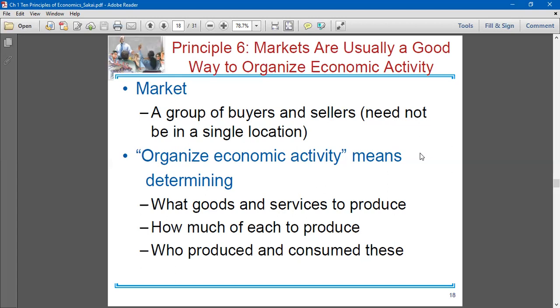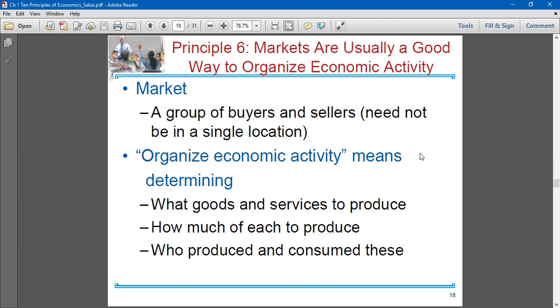So what the market does is that it helps us determine the kind of goods and services that we have to produce, the quantity of those goods, who exactly should produce them, and who should consume them. So who are the producers? Who are the consumers?